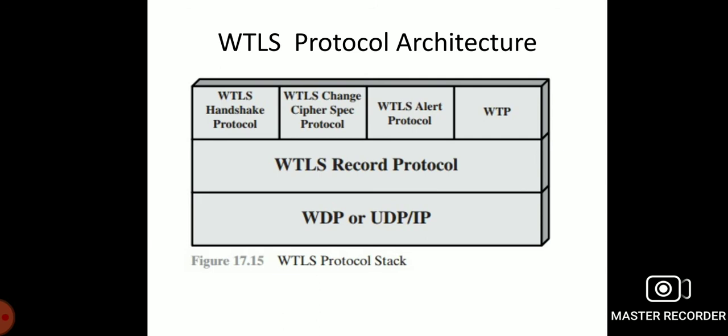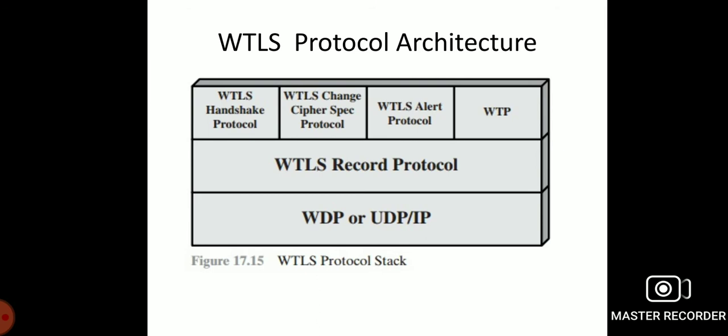Now the alert protocol, we have to see the WTLS alert protocol. It is used to convey transport layer security related alerts to the peer entity. As with other applications of WTLS, alert messages are compressed and encrypted as specified by the current state. Now the next one is the handshake protocol.